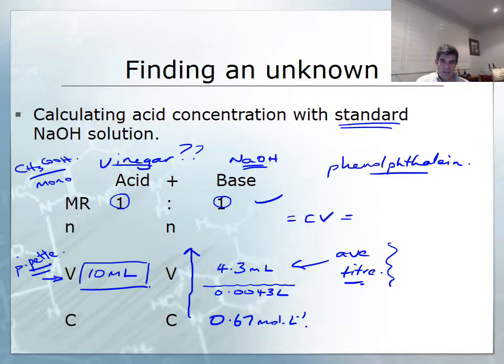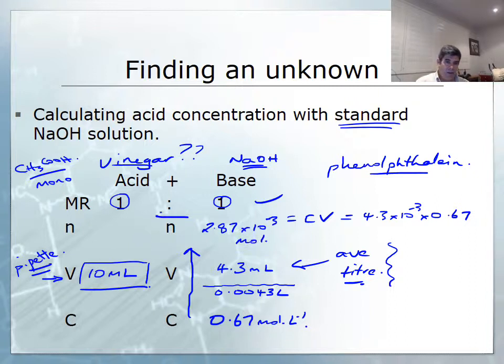So that's going to be 4.3 times 10 to the minus 3 times 0.67. Let me just do that on the calculator. So it's basically 2.87 times 10 to the minus 3 moles.